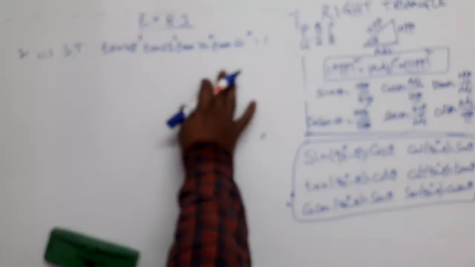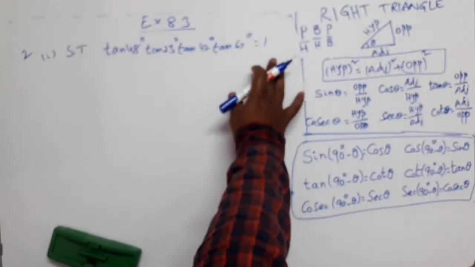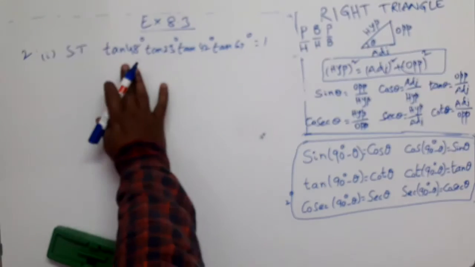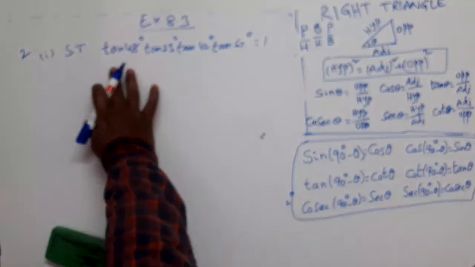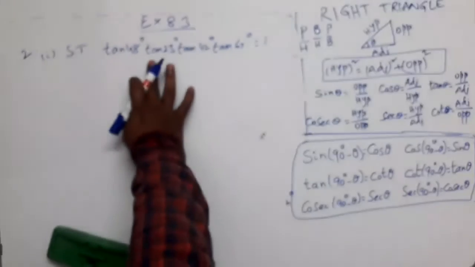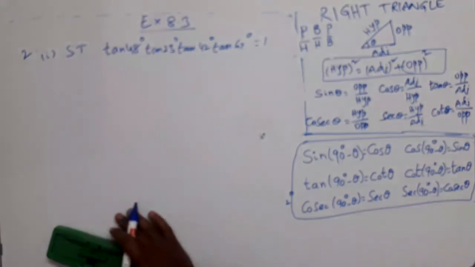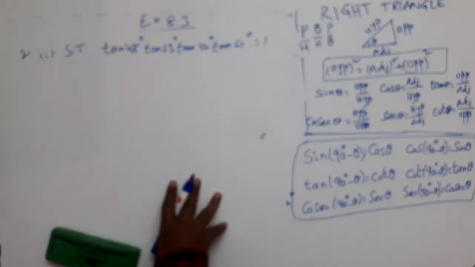It has got left hand side part, right hand side part. Right hand side part is 1. Left hand side part has product of 4 trigonometric ratios. This is tan 48 degrees is 1 trigonometric ratio, tan 23 degrees is 1 trigonometric ratio, and so on, right? Product of 4 ratios. You are supposed to simplify, of course.